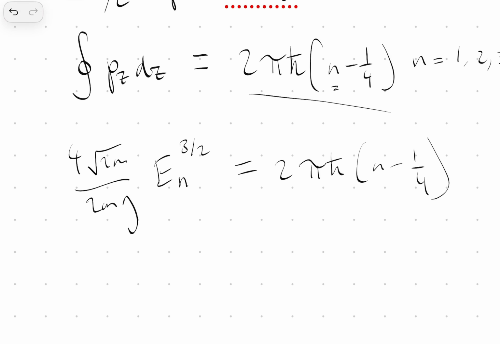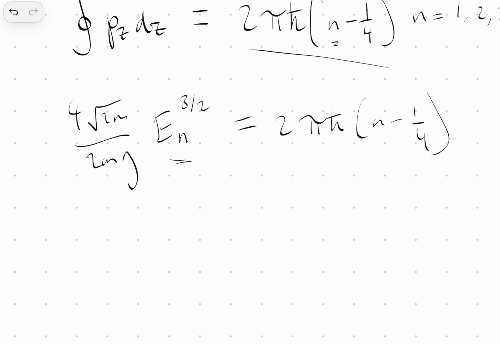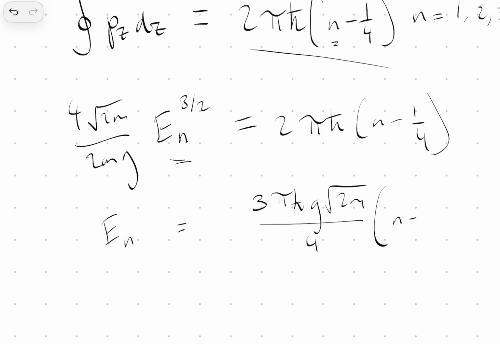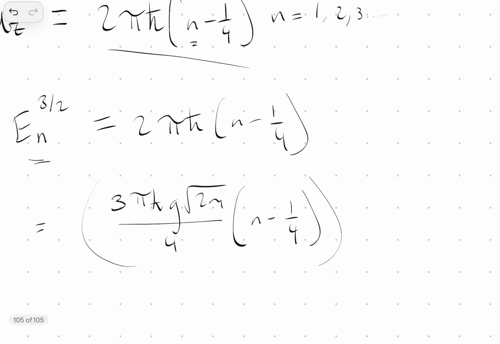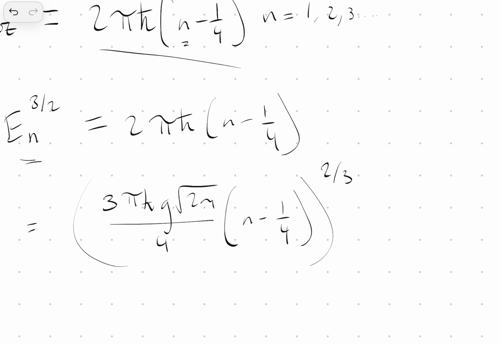That is the assumption. It's called the semiclassical quantization. And solving for En, we write out 3 pi h bar g over 2m, times n minus 1/4, all to the 2/3.